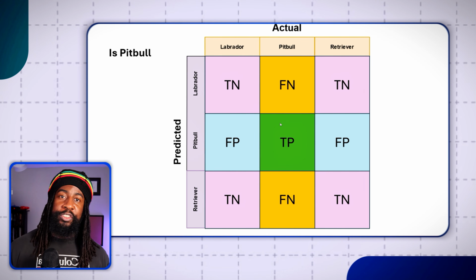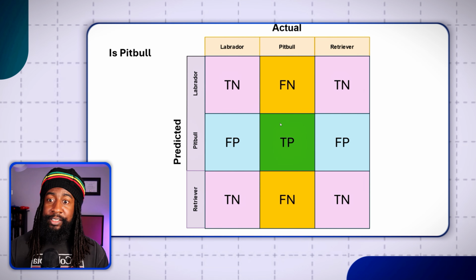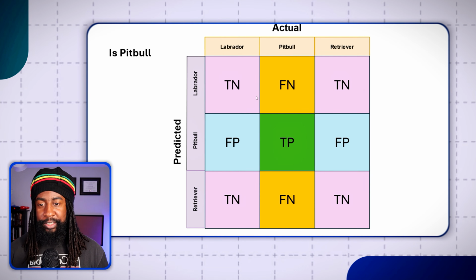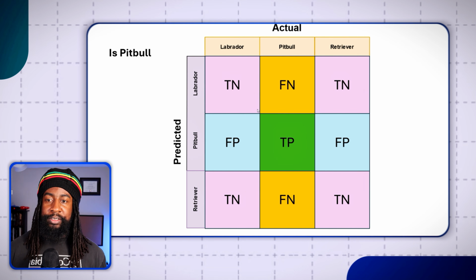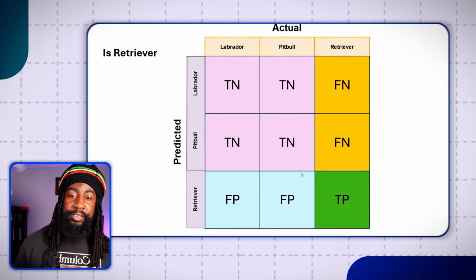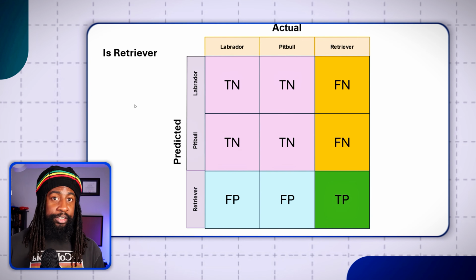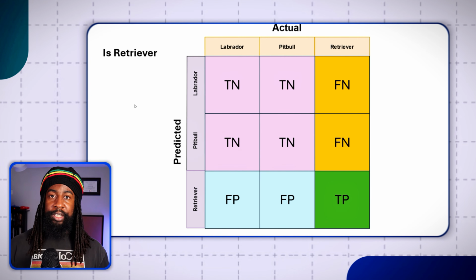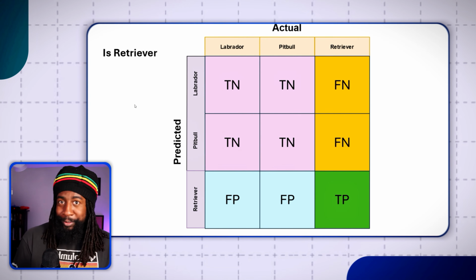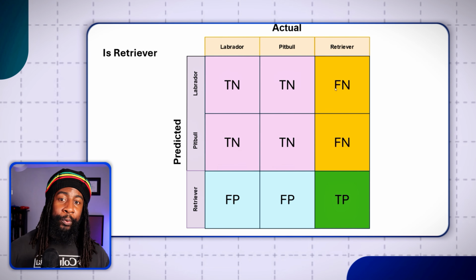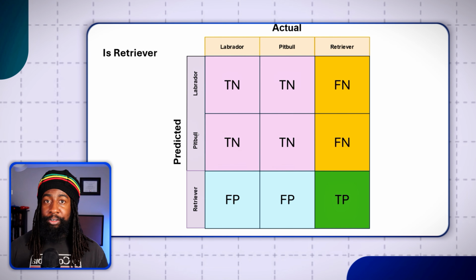We can move on to the last flattened class, and we should see the true positive continue the diagonal movement. And we do. True positive continues that diagonal movement down to the retriever, which is when the predicted and the actual class have both selected retriever, meaning that it was a retriever. That's what it means. And of course, going through, if the machine learning algorithm predicted something other than a retriever, but the actual data showed the retriever, false negative.